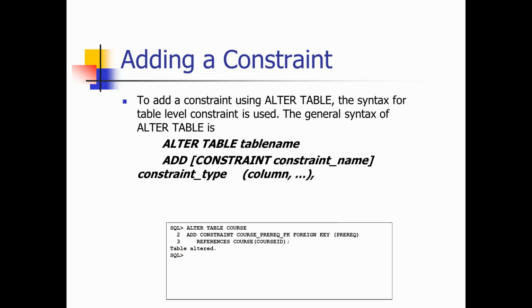So when you see a new row number come out and the cursor is blinking there, that's Oracle giving you a hint that it's waiting for a semicolon. If you do that successfully, you will see table altered, indicating that the constraint has been added.